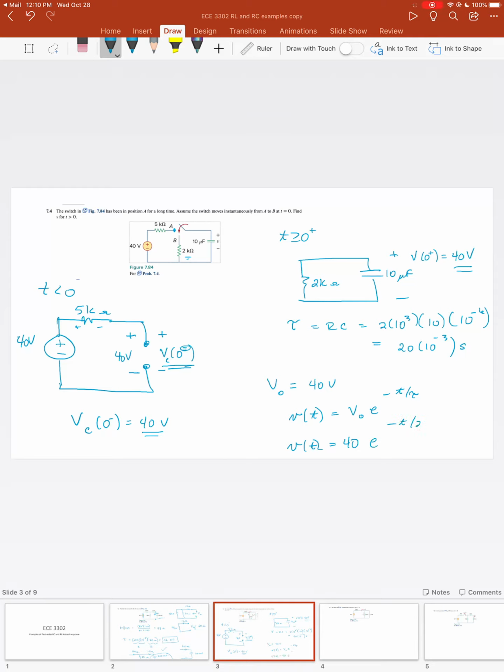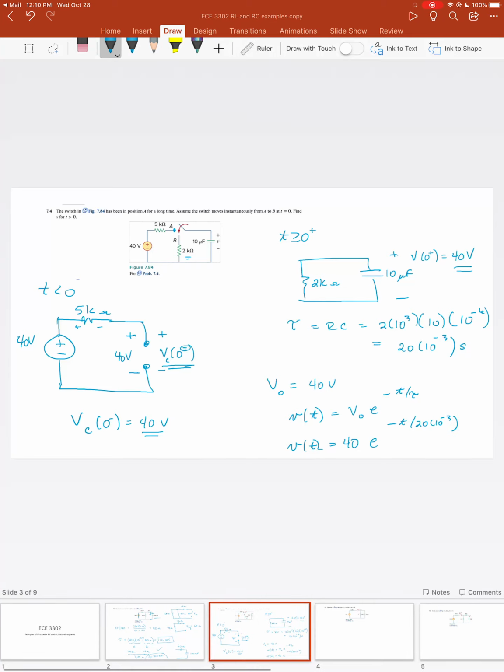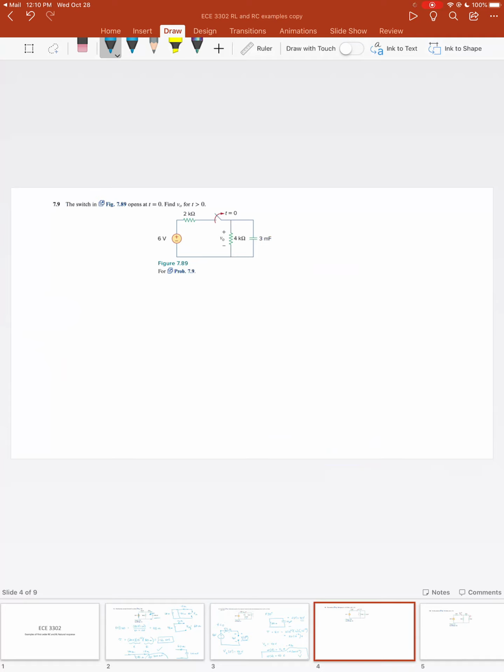It's going to be 40 e to the minus t over 20 times 10 to the minus third volts. Okay, and that's it. So that is how we work with finding initial conditions. Let's look at another one.